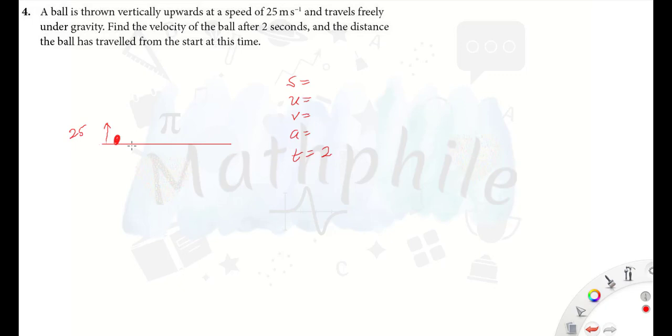It's different from something being dropped. If it's being dropped, it can be 0. But in this case, the particle can't go up without speed. So it was projected with a speed, and it's going to start off with a speed. In this case, the speed is 25 meters per second. Is that okay, please?